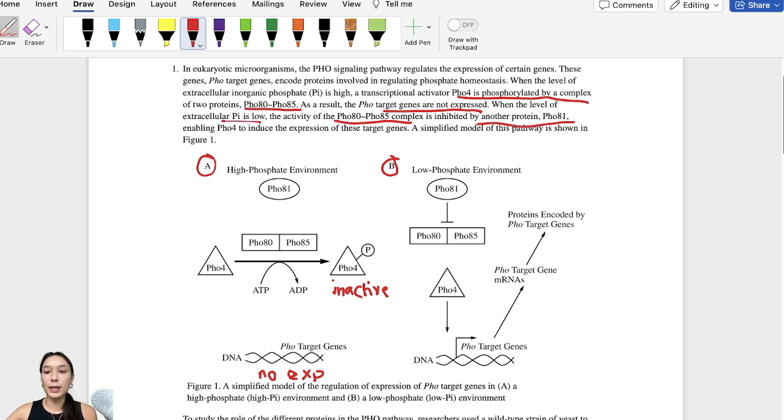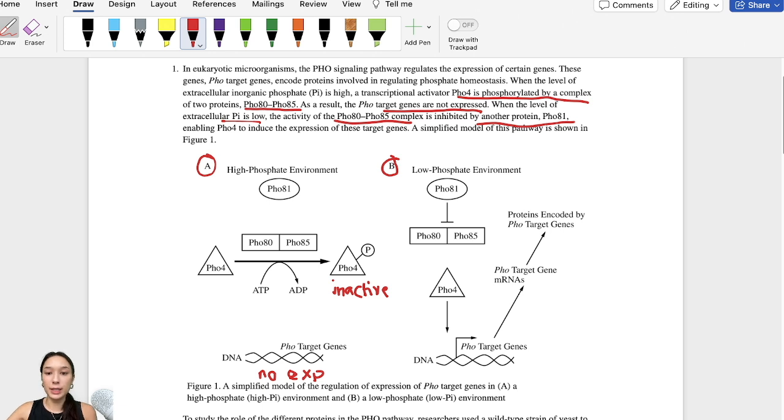So FO81 is inhibiting FO80 and FO85, unlike what's happening here where it's active. And then as a result, you're not going to get FO4 activation, right? Because you can see here that you need FO80 and FO85 to cause FO4 phosphorylation. Since we're inhibiting it, we're not going to get FO4 phosphorylation.